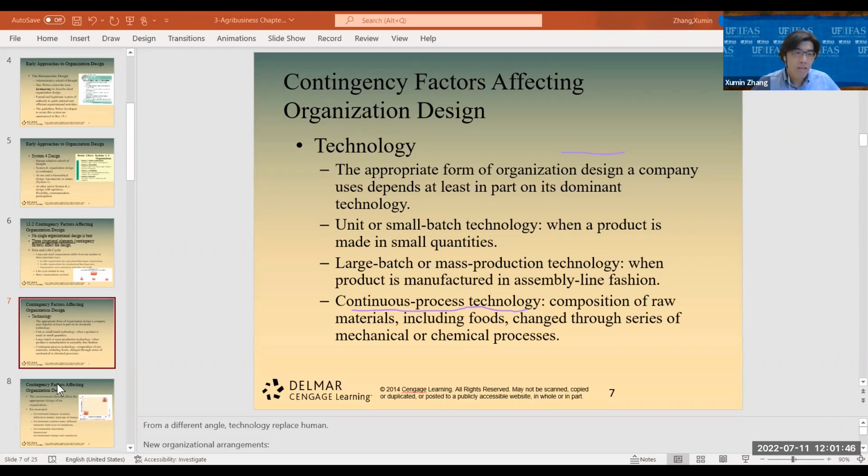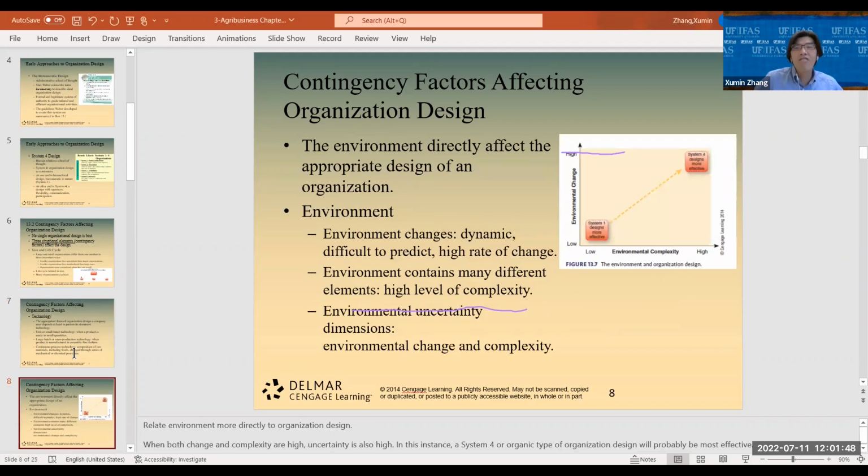The very last one is the environment. Let's measure whether the environment is complex and also dynamic, whether it changes often.